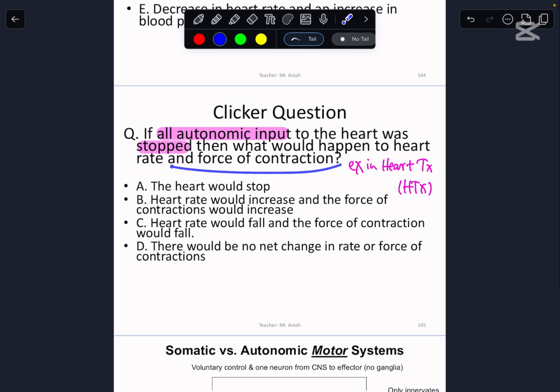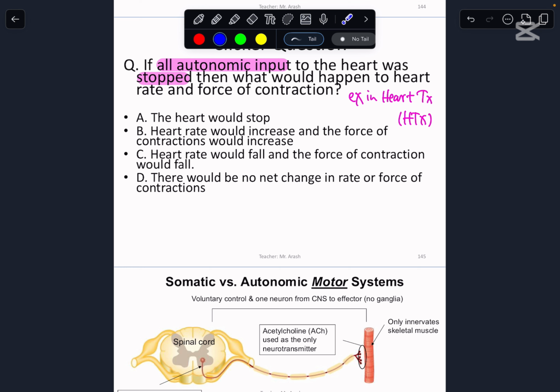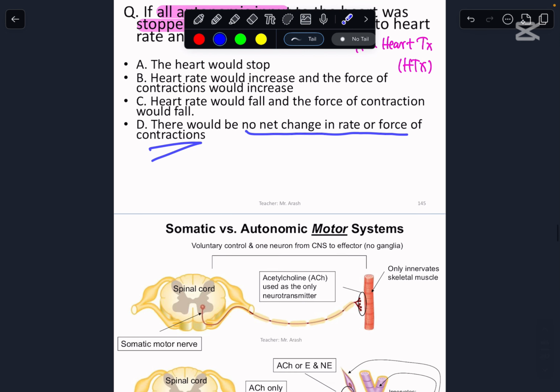So that would be an example of this situation. Anyway, what would happen if you have no innervation? Would heart rate decrease and force of contraction increase? Would both fall? Or would there be no net change in rate and force of contraction?